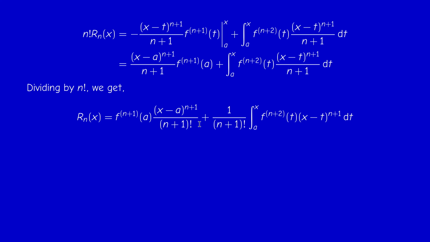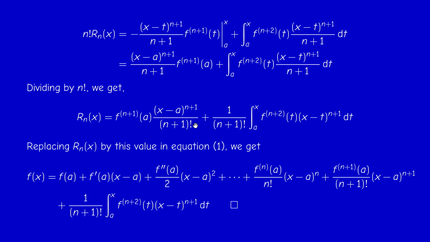So if I replace the remainder by this value in the formula, I just have to add, so this term plus this term is the remainder. So I get that f of x is now a polynomial of order n plus 1, of degree n plus 1, plus this remainder. And this is just the formula for n plus 1. Right? So it's very easy.